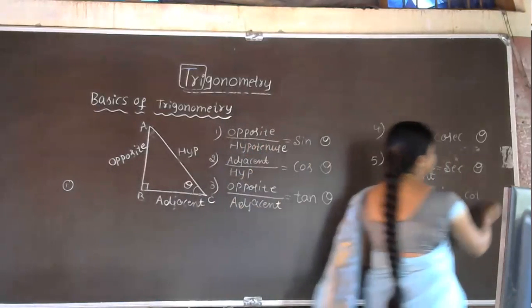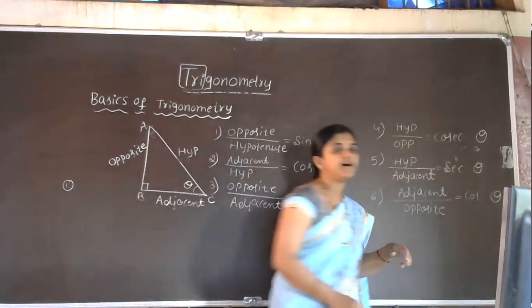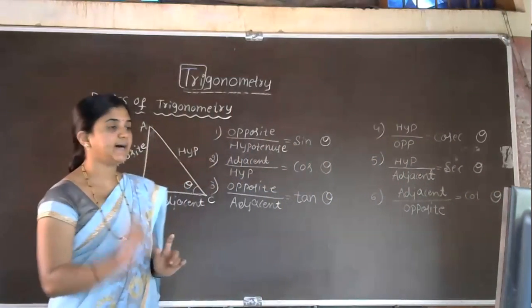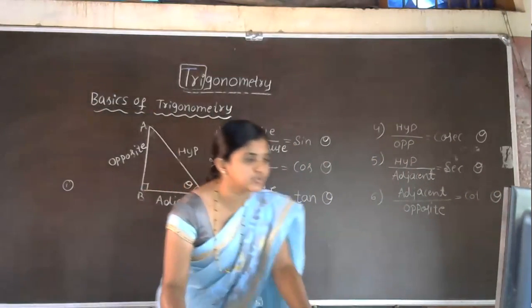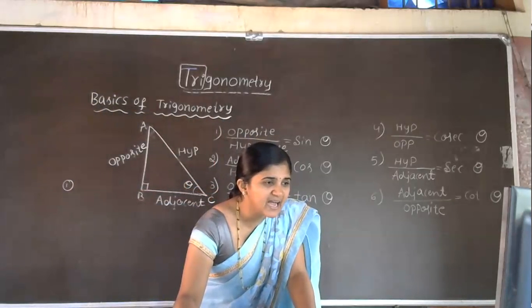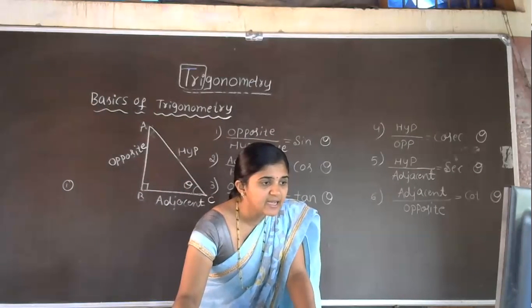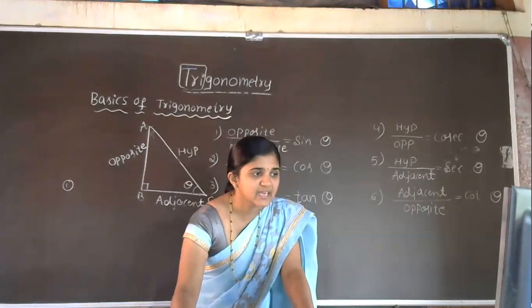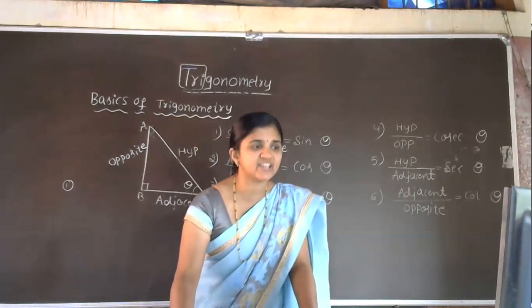So we'll take this as cot theta. Now you just observe, students. See, sin theta, cos theta, tan theta, cosec theta, sec theta, cot theta. These are the 6 names given for these 6 ratios.